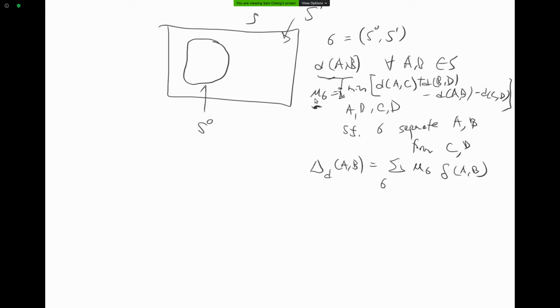Again, delta sigma AB is whether sigma separates A or B or not. We'll show eventually that under some mild condition, D(A,B) will be equal to delta D(A,B).